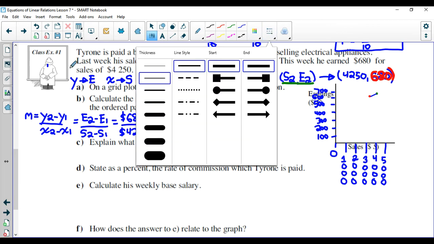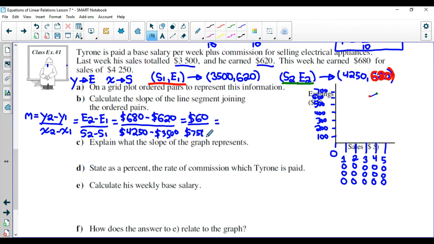Yeah, 4,250 minus 3,500 is 750. I knew I was making a mistake somewhere. Okay, let's just calculate this as a decimal. So 60 divided by 750 would be 0.08.